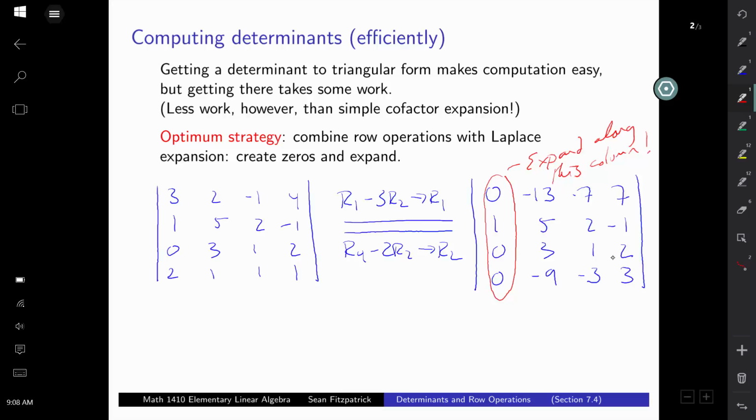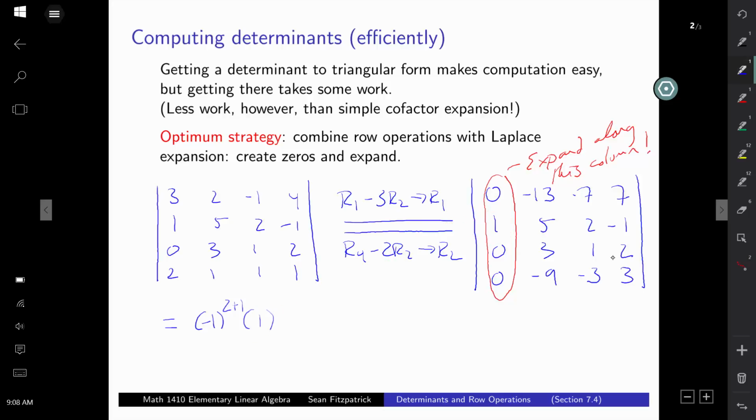So first of all, I know that I've got to get a minus 1 to the 1 plus 2. I'm going to get a minus sign there. I guess 2 plus 1, really, right? Row 2, column 1. Times the, what's the non-zero entry there? It's a 1. That's this one. Okay.